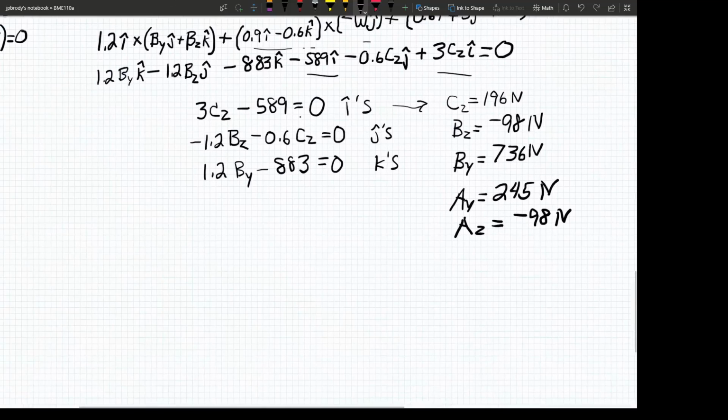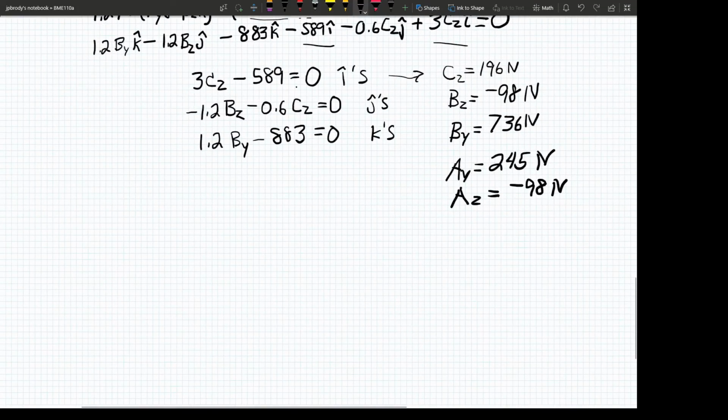And so I can just get to the final answer here, which was what were the reactions at the 3 points. So we need vectors. There's 3 vectors. The reaction at A would look like this.